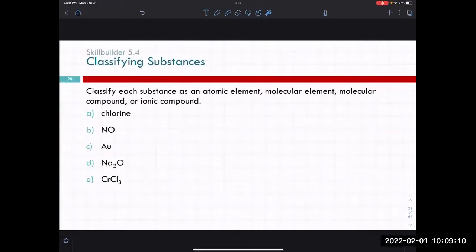Okay. So I'm going to classify these as atomic element, molecular compound, or ionic compound. So for A, chlorine: atomic element, molecular compound, ionic compound?